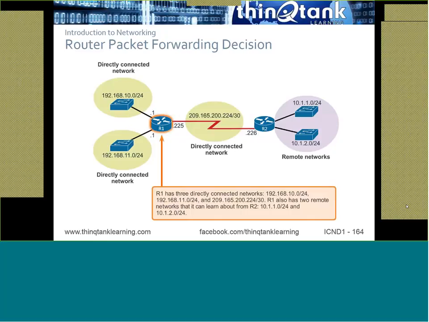All right? So if a host in the 192.168.10.0 subnet wants to reach a host in the 10.1.1.0 subnet, the host over on the left side is going to send its packet to its gateway.